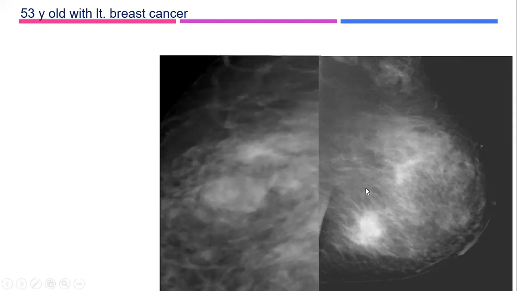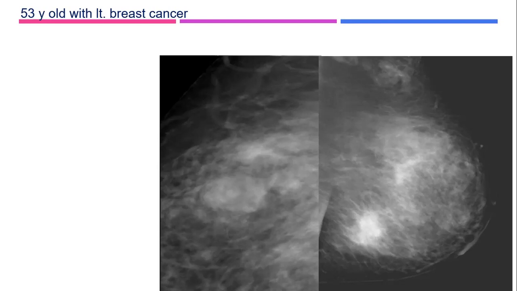Ultrasound demonstrates this is the spot for the right one. I can say there is a small area of indistinct margin, more anteriorly, and the density now is heterogeneous.